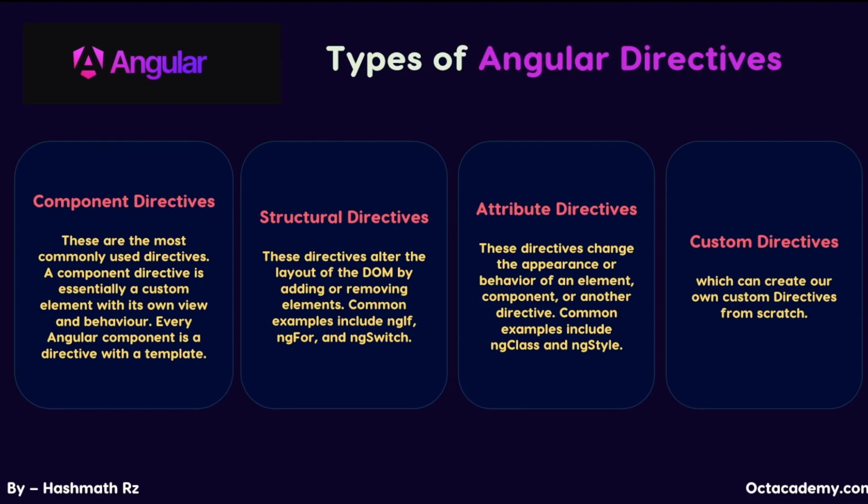Understanding these types is essential as they form the building blocks of creating complex Angular applications. Each type of directive serves a unique purpose and can be used in combination to achieve powerful results. So guys, once again, you might wonder, why should I use these directives in an Angular application?